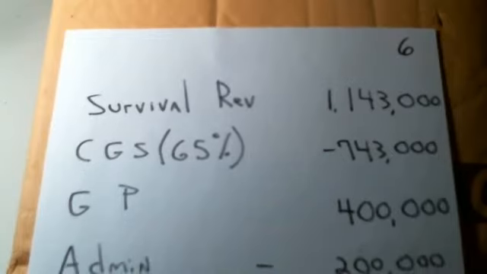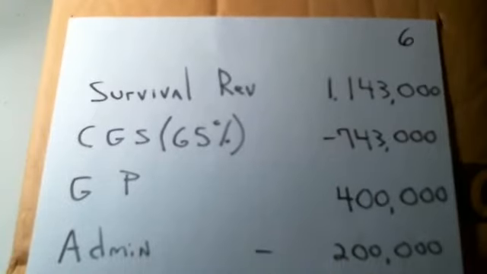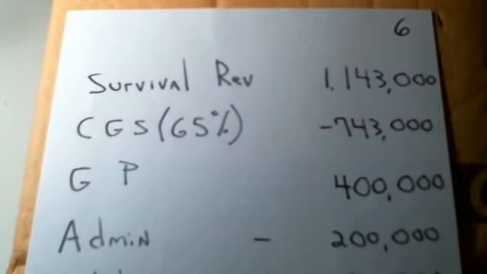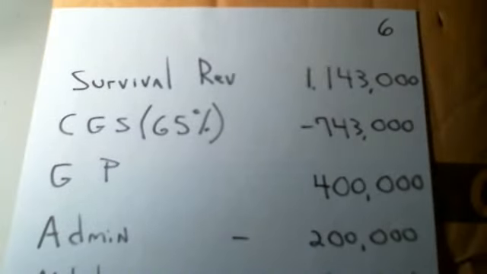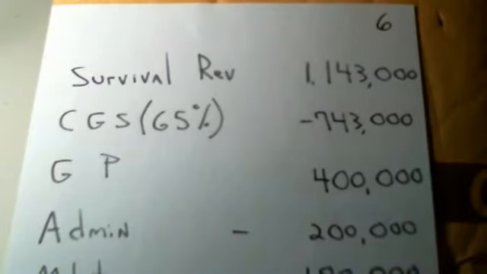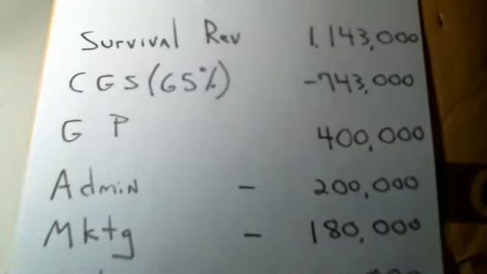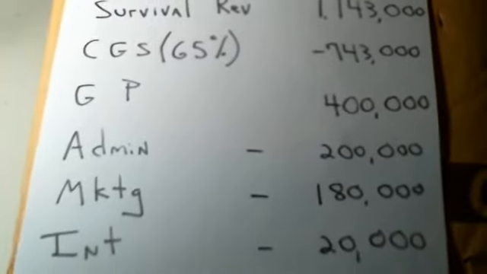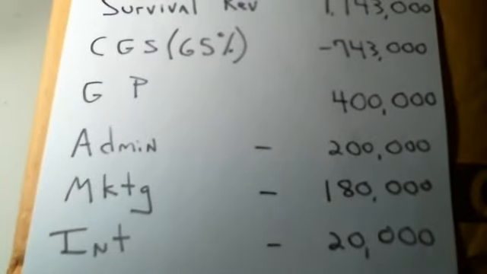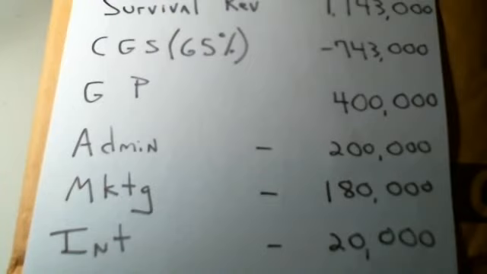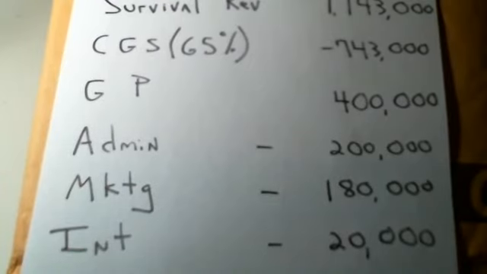If that's our survival revenue, we have 65% cost of goods sold. That would come to negative 743, leaving the gross profit of 400. Now we take away admin, marketing, interest. That brings us to zero. The EBITDA, earnings before depreciation, amortization, and taxes, is zero. So that is our break-even point.